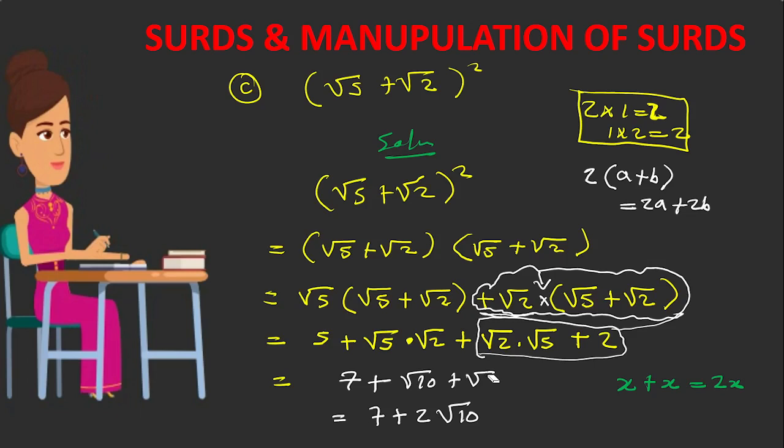Then from there you can simply add the like terms, which is 5 and 2, which is 7. That's where 7 has come from. Then plus, you're going to multiply 5 times 2, it's 10. So you're going to have square root 10 plus square root 10.